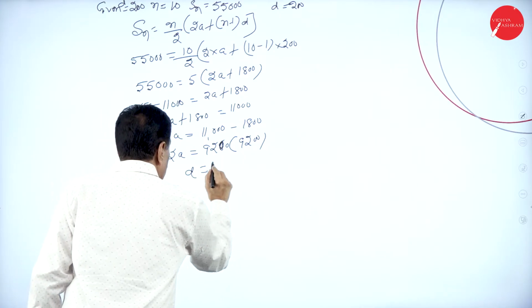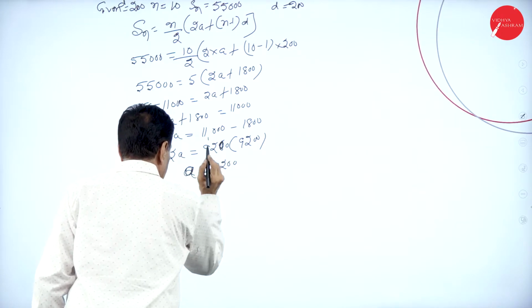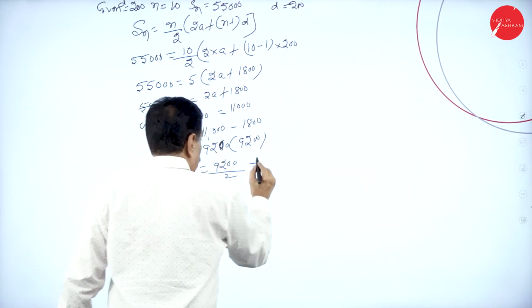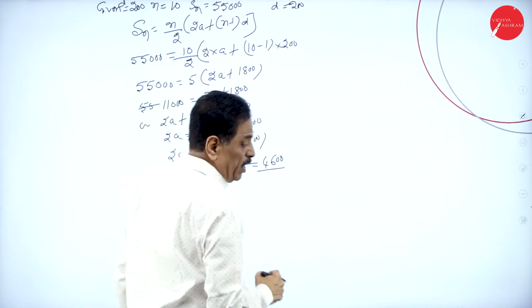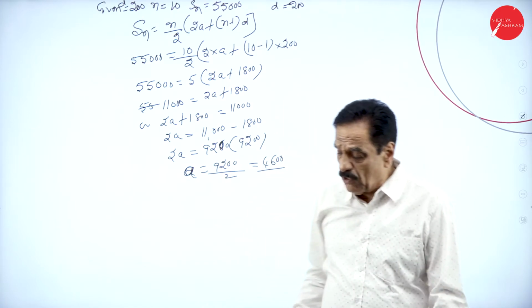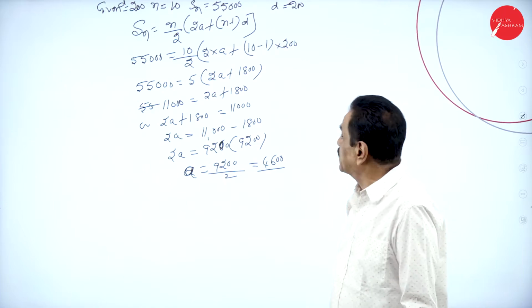A is equal to 9,200 divided by 2. 2 4s are 8, so 4,600. So he wants to find out the value of A. The value of A is 4,600.